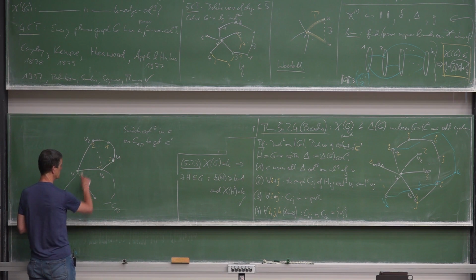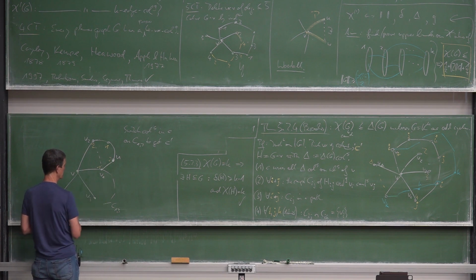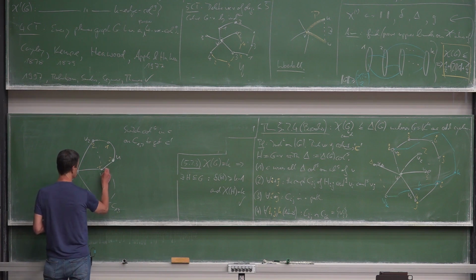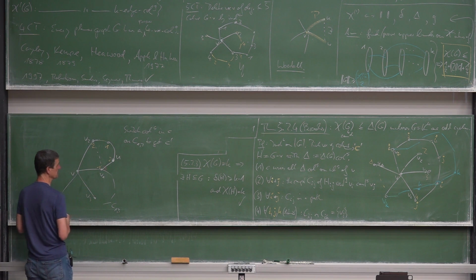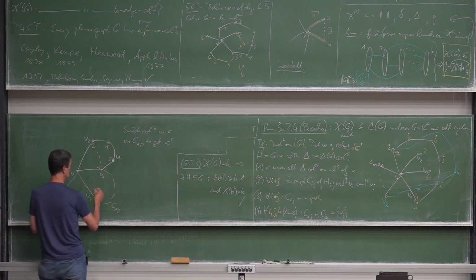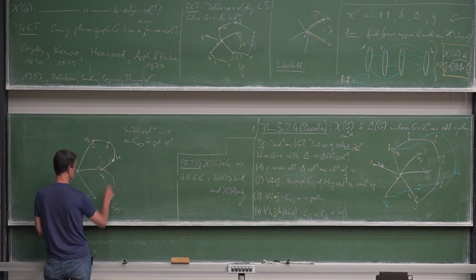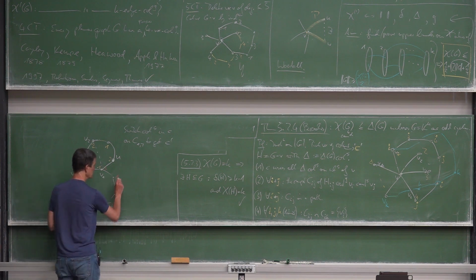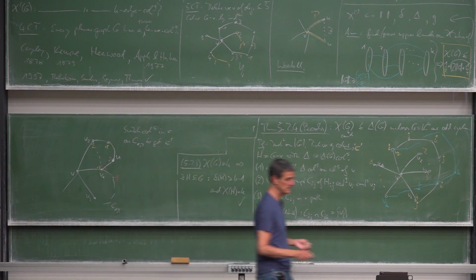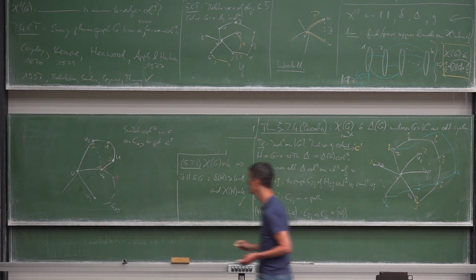And let's flip colors between 1 and 3 on this path here. So V1 now has color 3. Then the next one here has color 1. That used to have color 3, now has color 1, and so on.